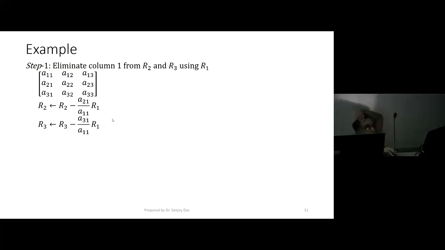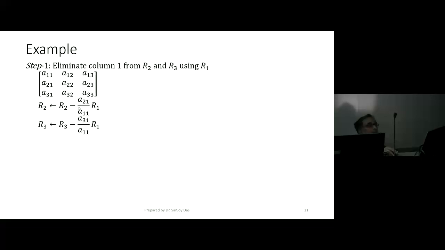Now, this is the general case. What I do is, step 1, I eliminate column 1 from row 2 and row 3 using row 1. So R2 is R2 minus, I scale up my R1 so that A11, after it's scaled, becomes equal to A21.